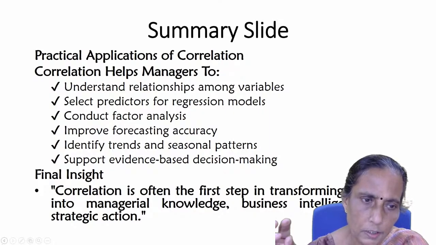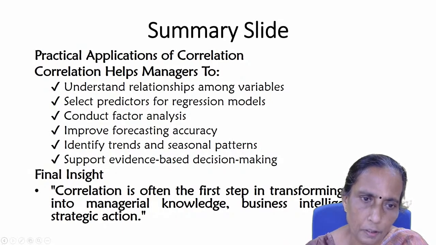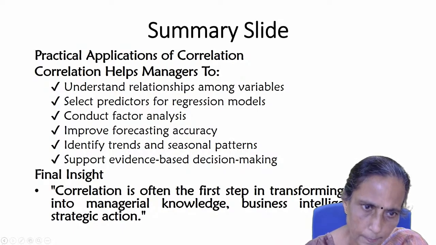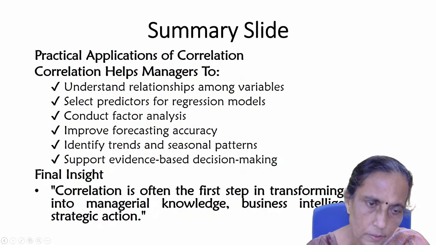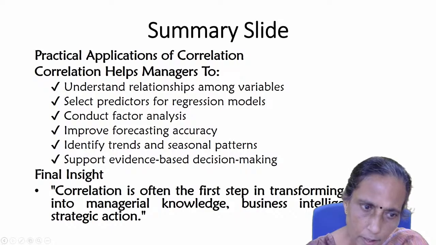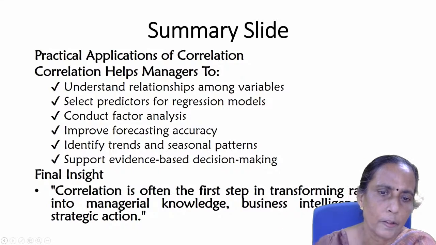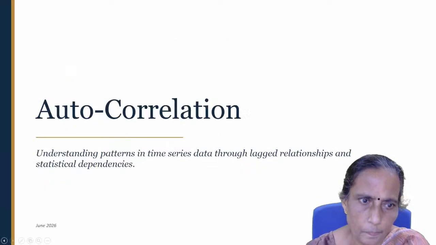By factor analysis, I mean each and every outcome depends on several factors, and which factor is influencing how much, that is what factor analysis is. So identifying trends and seasonal patterns supports evidence based decision making.